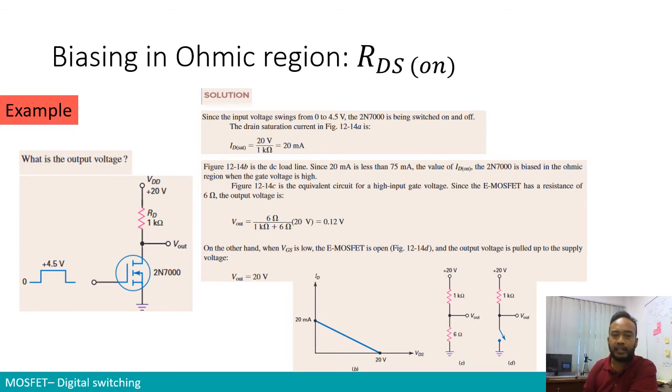I suggest you go through the example and try to do it on your own, to help you have a solid understanding of the basic principle of biasing in ohmic region, and of the equivalent RDS on when the FET is biased in ohmic region.